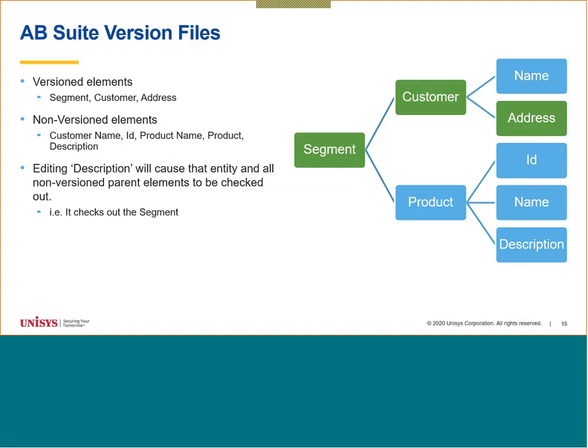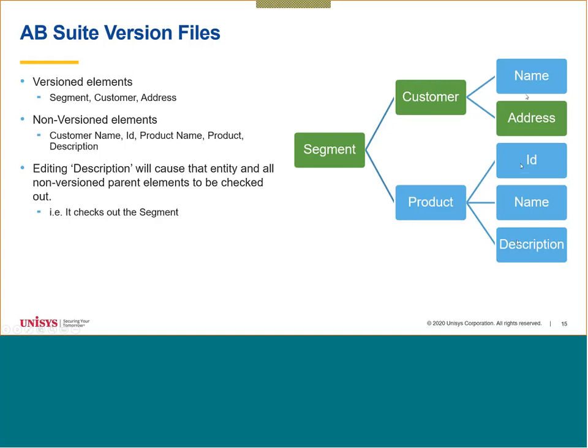The thing you need to be a little bit careful of is the way that AB Suite works out how much to check out. In this diagram, everything in green has its own version file and hence is a separately versioned item, and that's the item which will be checked out if someone decides to make some sort of changes to it.